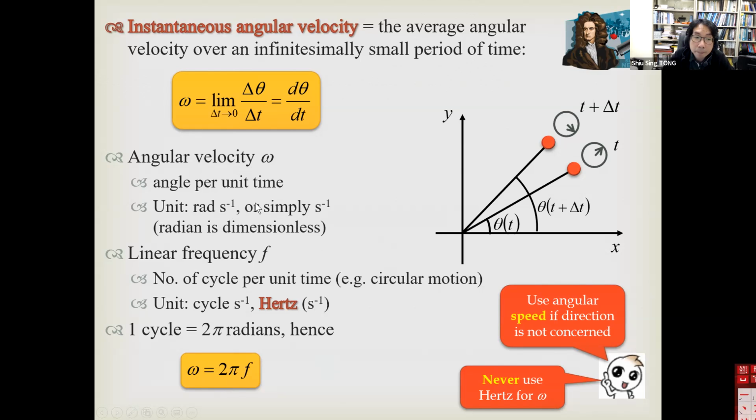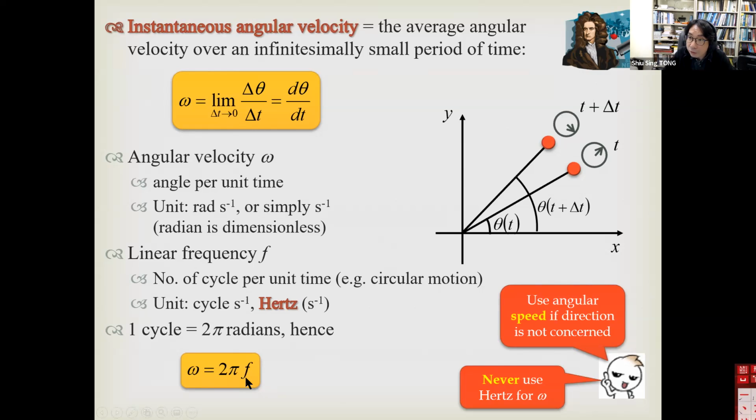Now, because one cycle is 2 pi radians, the linear frequency and the angular frequency are related in a simple way. Omega is simply 2 pi f. When you say that the object revolves around the origin three times a second, that is a linear frequency.